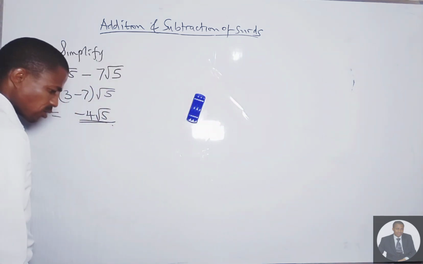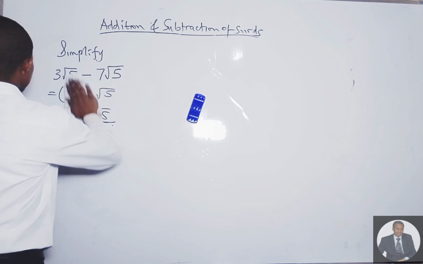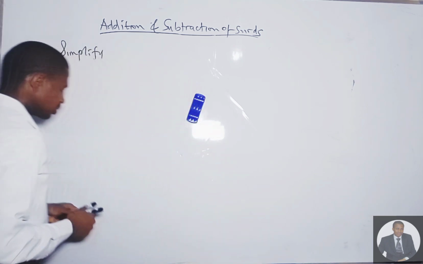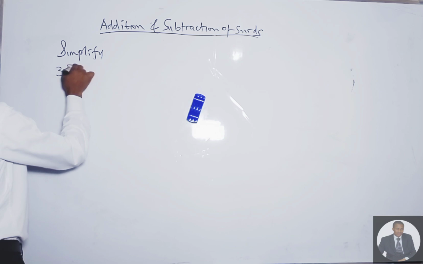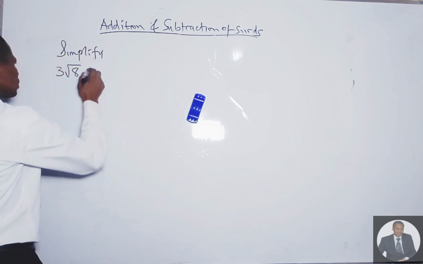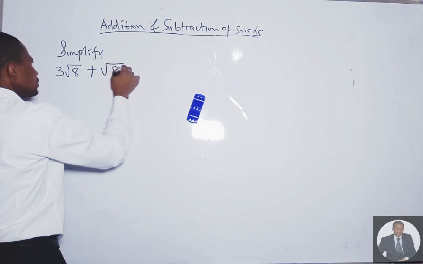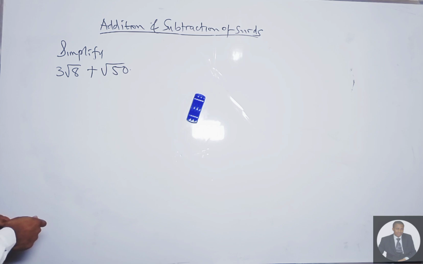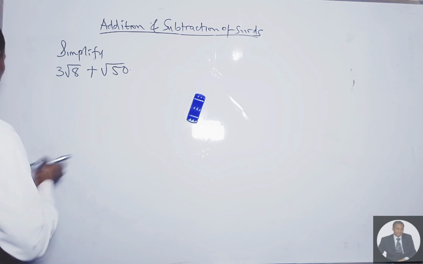Let's do another question. 3 root 8 plus root 50. Now this question seems as if they are not like surds, but we simplify further.